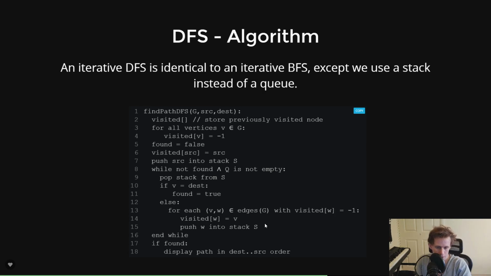Here we're only exploring a graph if we haven't visited it. So if we attempt to visit something we've already visited, then you know that there's a cycle.